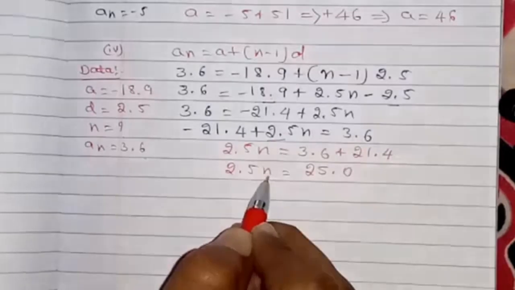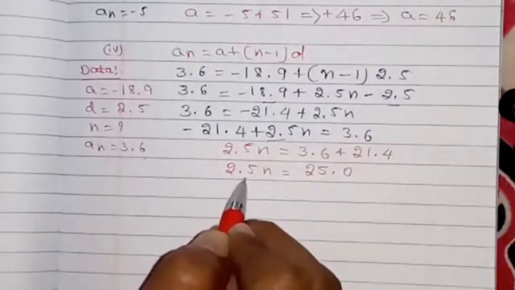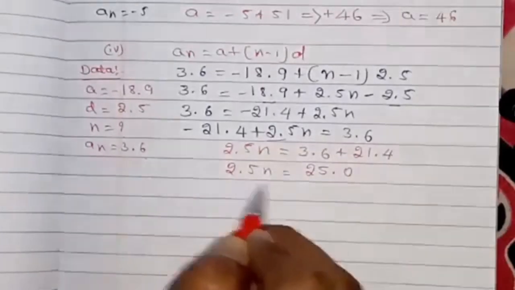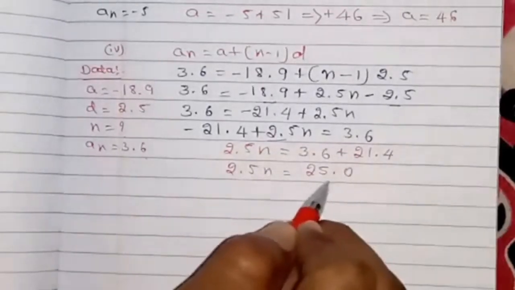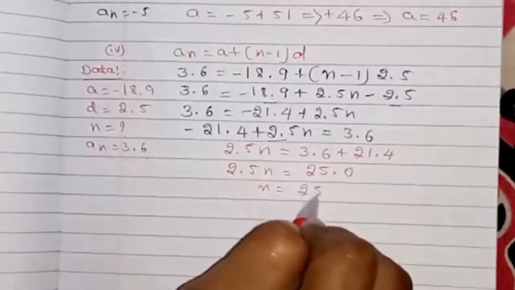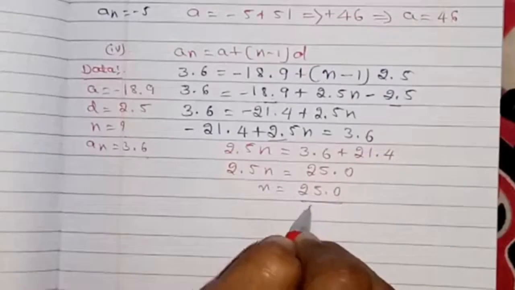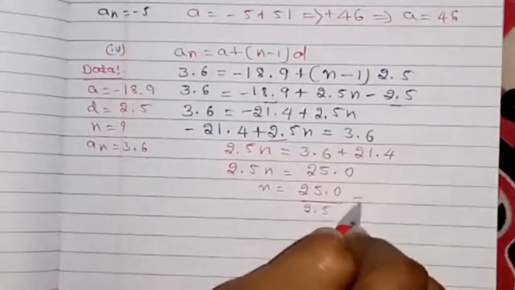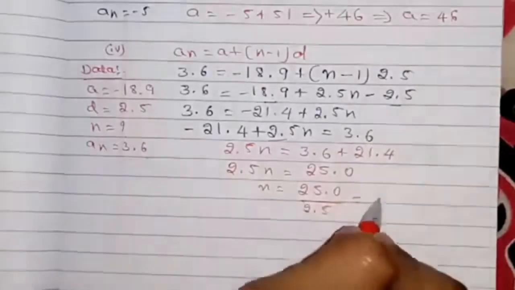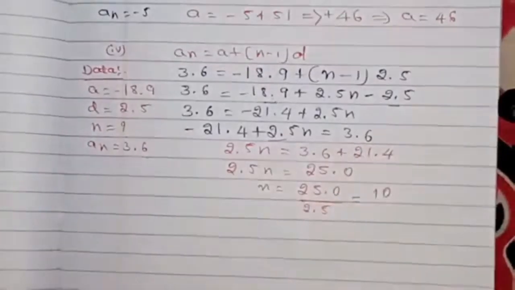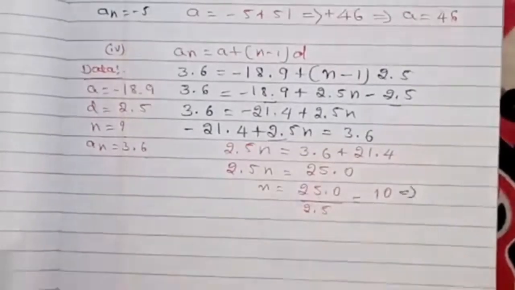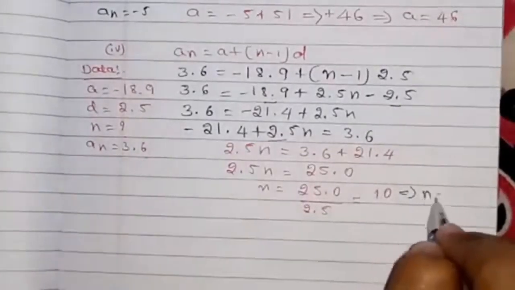Now we need the n value, keep n there only and send 2.5 to the right hand side. If you send 2.5 to the right hand side, it will become divide. So therefore n is equal to 25.0 divided by 2.5, and if you divide this, the answer will be 10. Right children? So what is the value of n? That implies n is equal to 10.